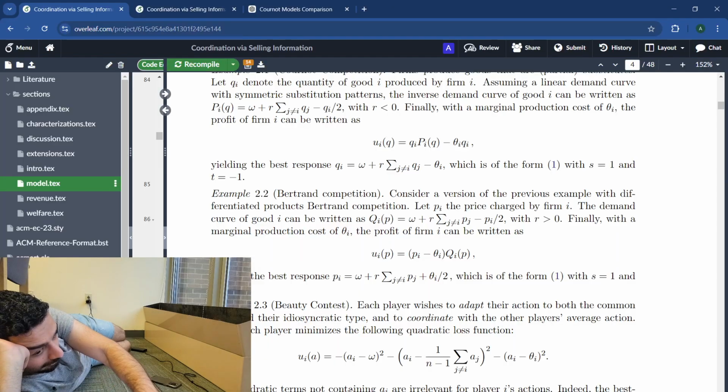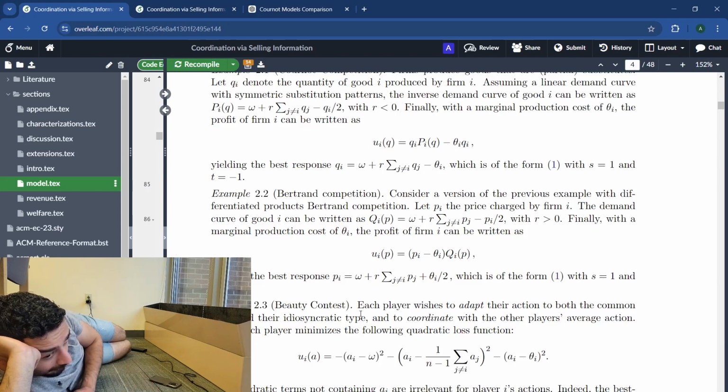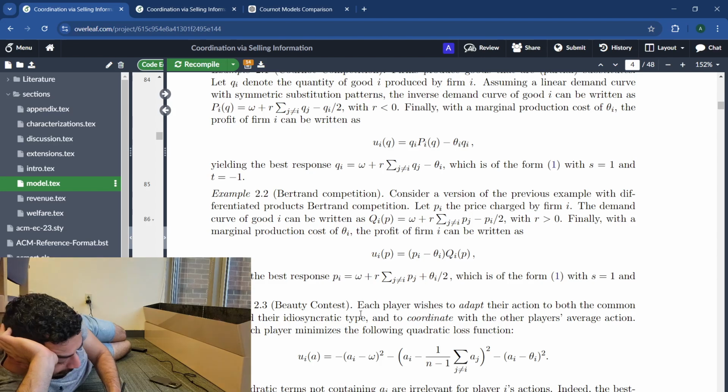Where is theta i coming up? Finally, theta i is the marginal production cost.